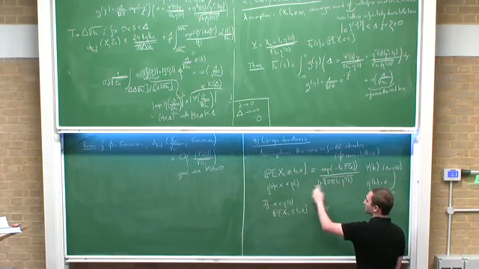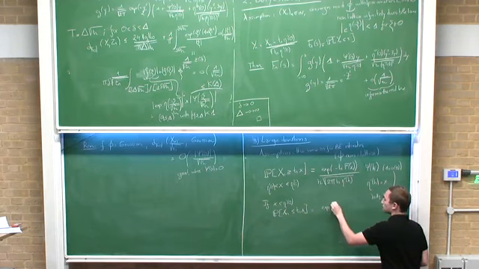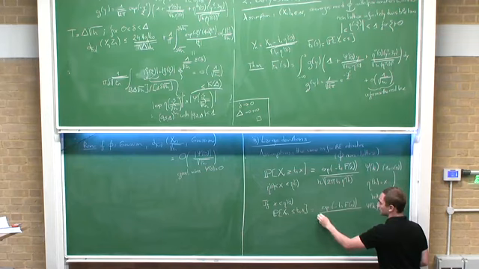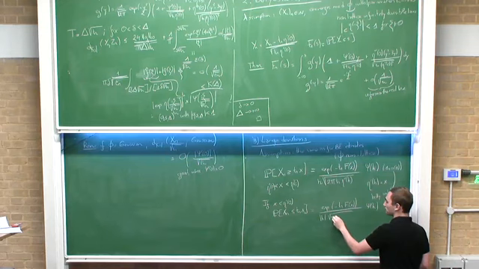This means that h, in fact, is negative. And since it is negative, here you have to take the absolute value of h. But otherwise, this is the same problem.